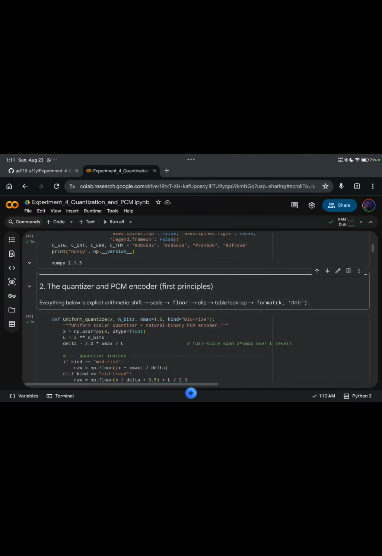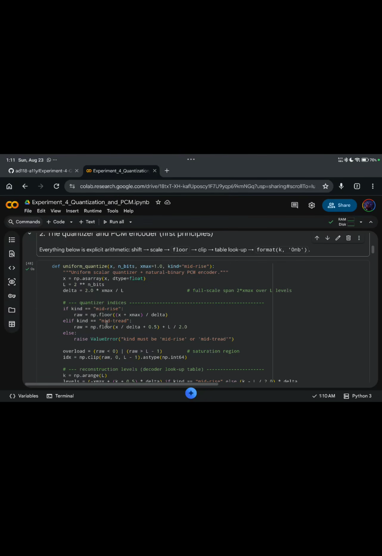Then it performs the following operations: shifts the input signal, divides it by the quantization step, applies the floor operation, clips the result to the valid index range, looks up the reconstruction level, and converts every index into a binary PCM word. The function also detects overload when the input exceeds the allowed range.